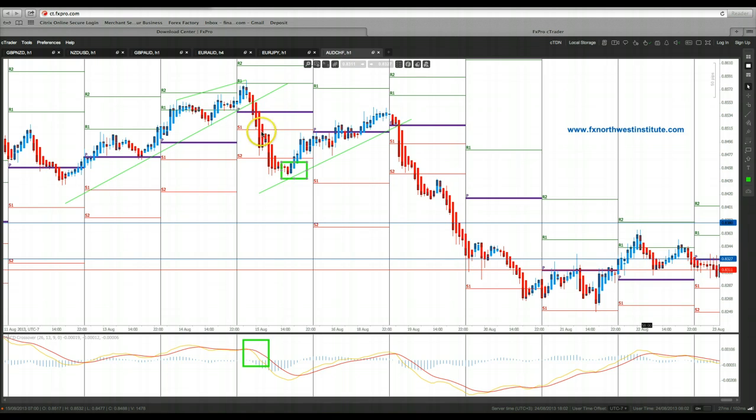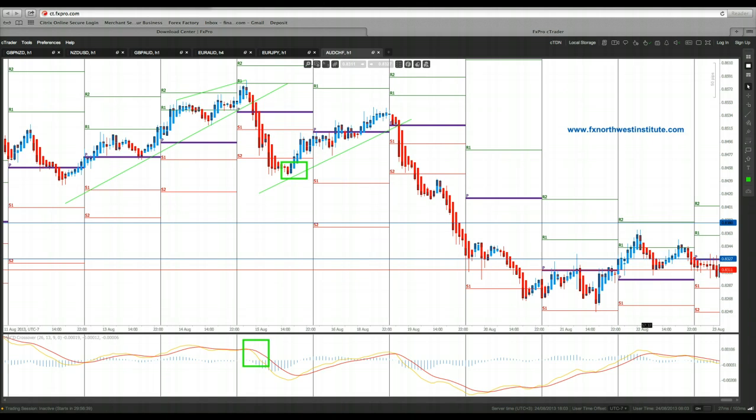We stay in this trade as long as these candles stay red, and we exit the market when the candles start turning blue. So that's another way you can use different trending indicators to determine entries and exits.